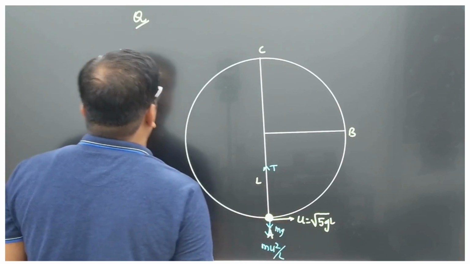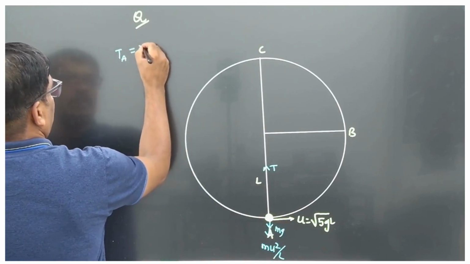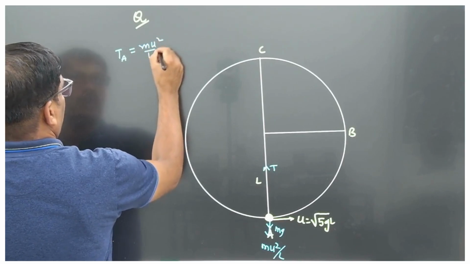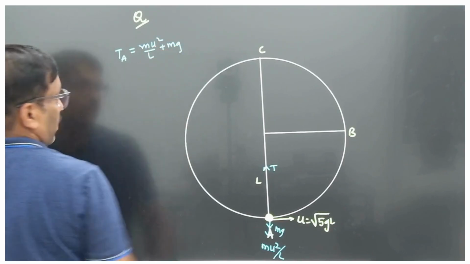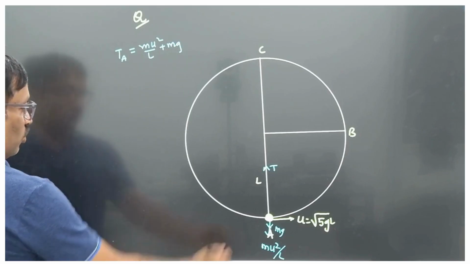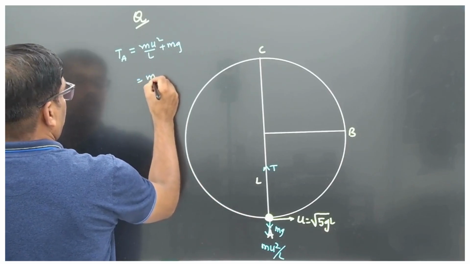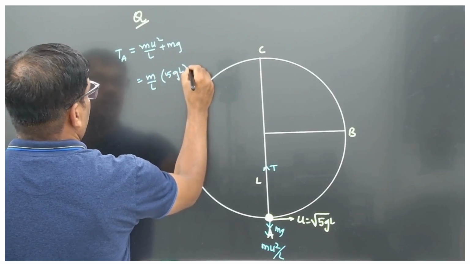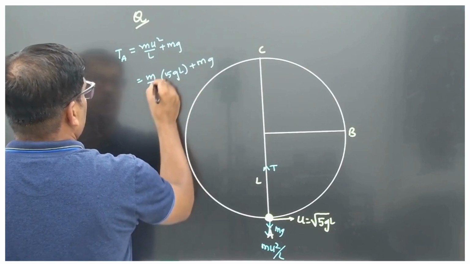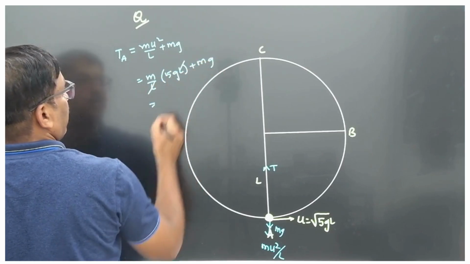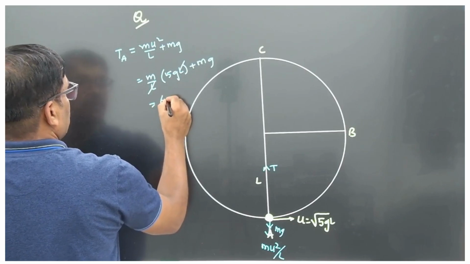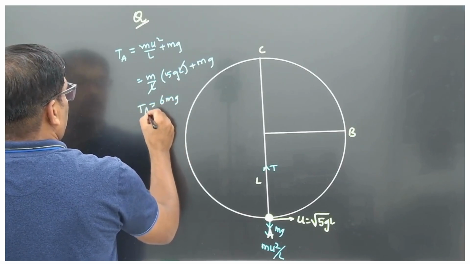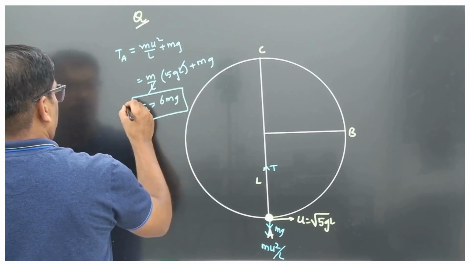So very easily, mu square by L plus mg, right? So m by L, u square value is nothing but 5gl, plus mg. So L will get cancelled out, 5mg plus mg. So 6mg will be the tension at A.